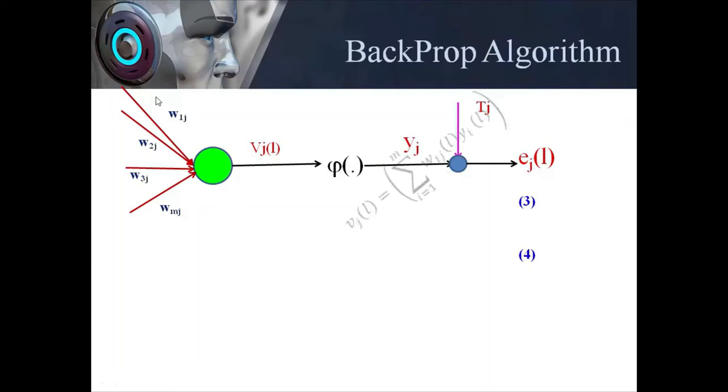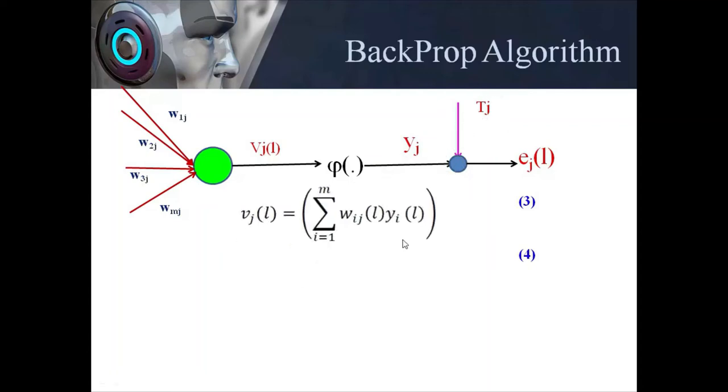So I calculated it as the weighted sum. Phi is going to give my activation function, which is nothing but the sigmoidal function. So let the output after application of the sigmoidal function be given by yj for the jth unit for application of the lth input pattern on my network.